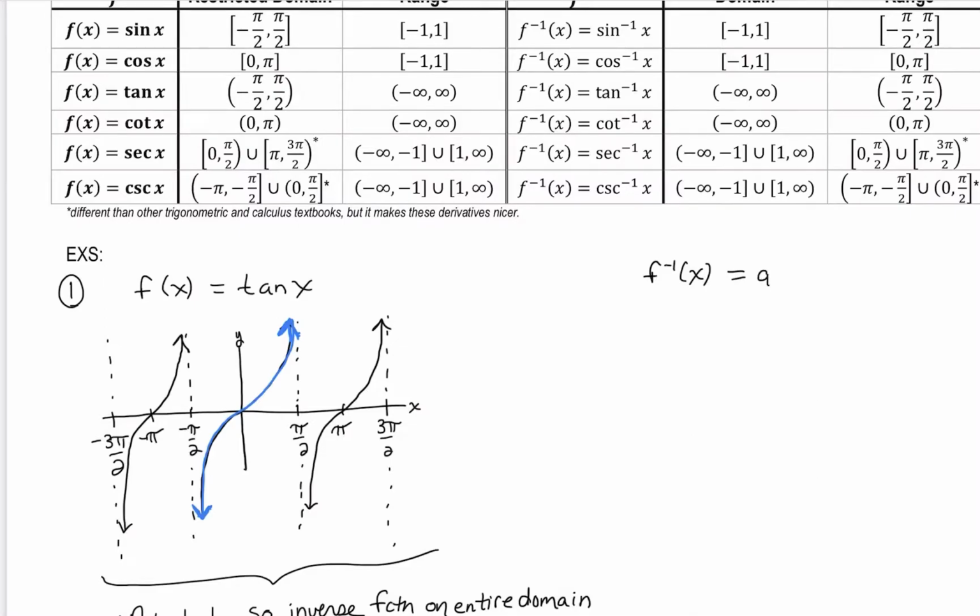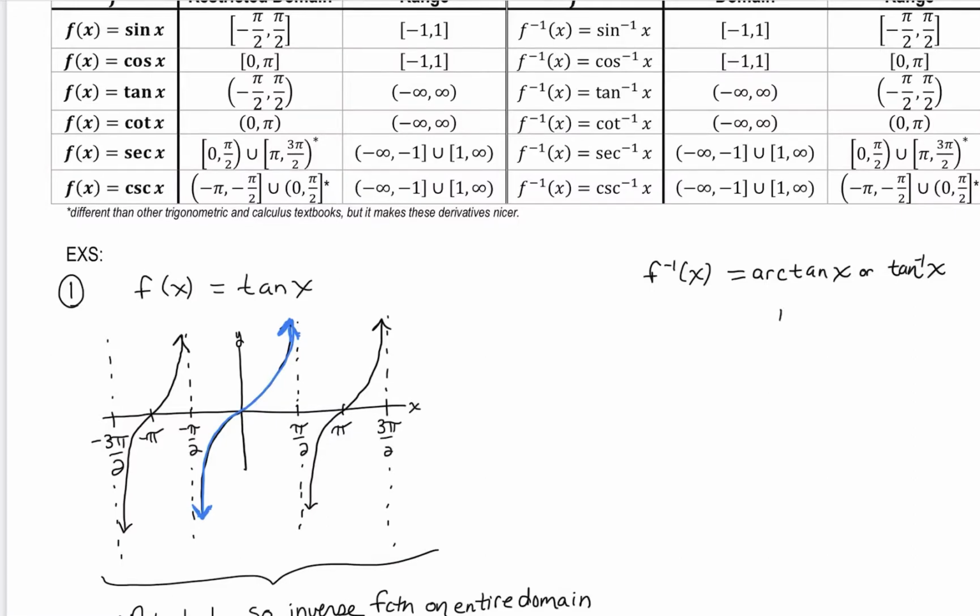So if I'm going to graph arctan of x, or if you prefer, we could call that tan inverse of x, what we're going to do is literally take all the ordered pairs on tangent and switch their x's and y's. That's how you get the graph of tan inverse or arctan.